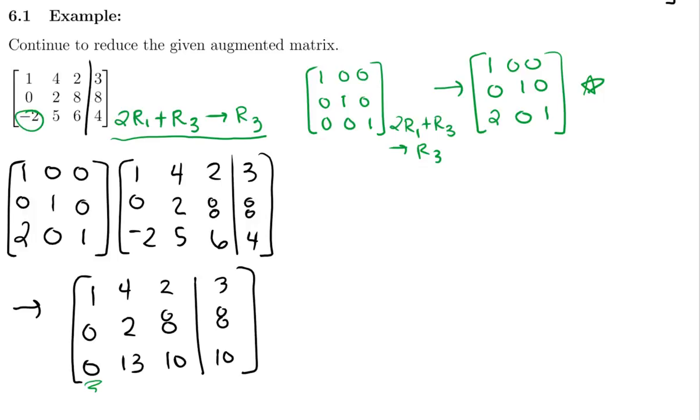So say we wanted to divide row 2 by 2 and then combine it with rows 1 and 3, we can do all of those operations in one of these adjusted identity matrices. And so that makes it a little bit easier to solve systems of equations in this way.